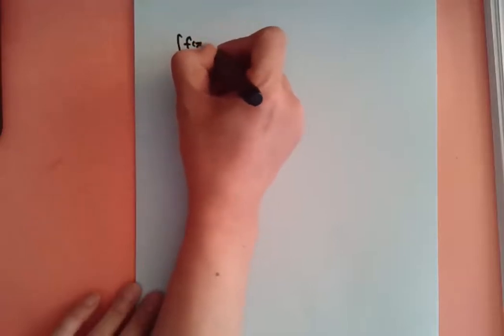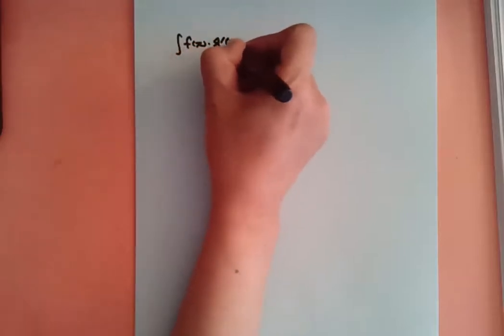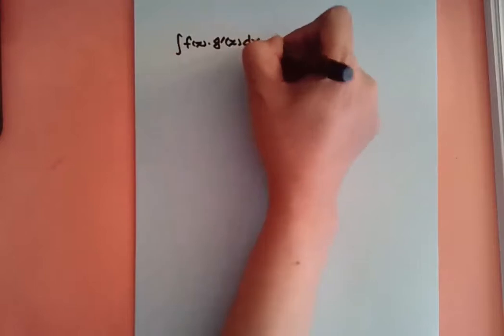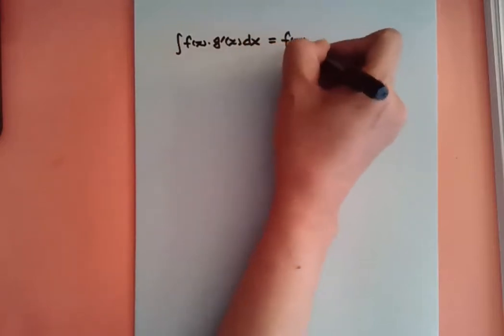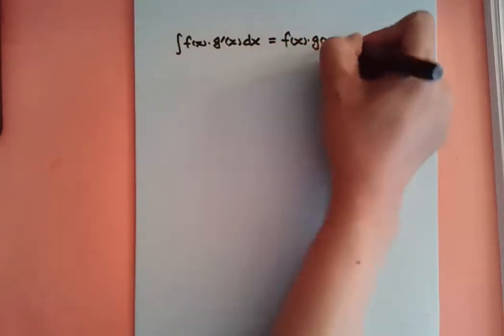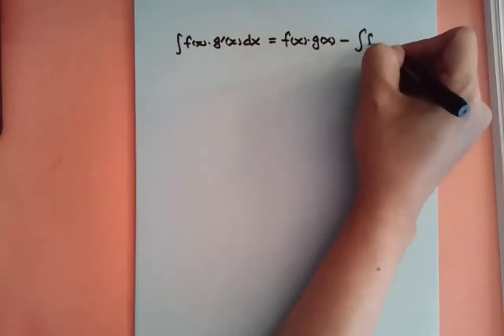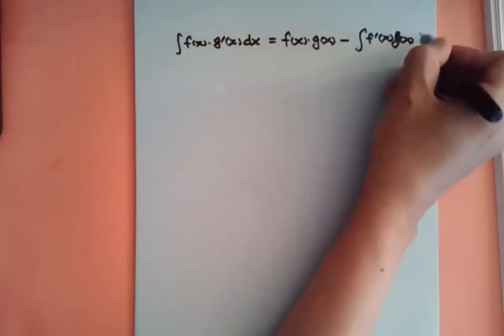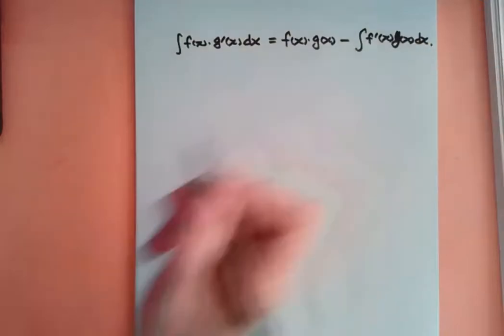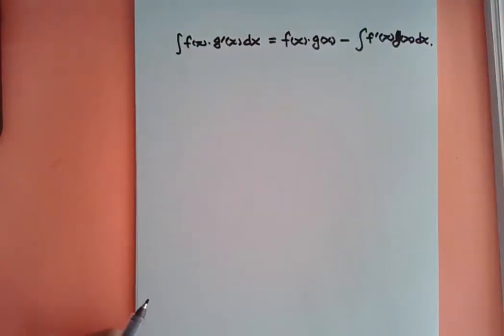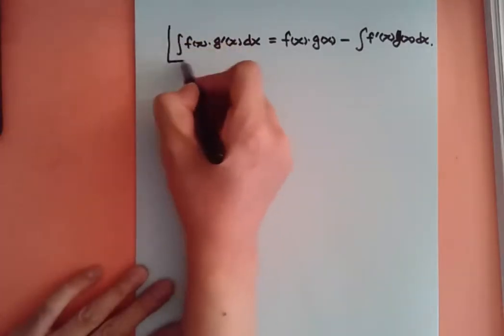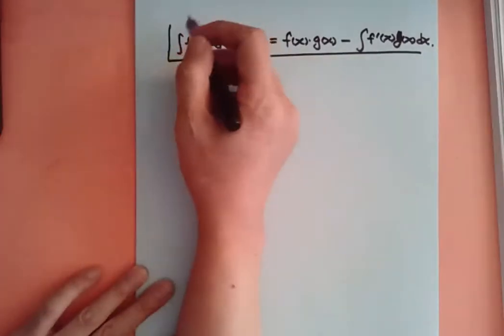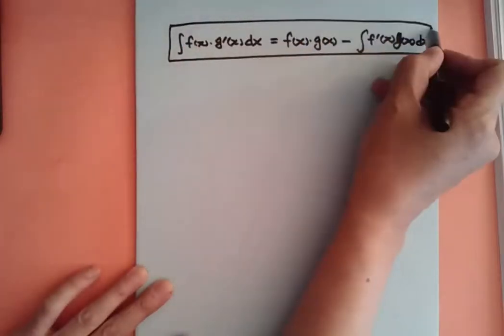Integration of f of x times g prime of x dx equals f of x times g of x minus integration of f prime of x g of x dx. This is the so-called integration by parts.